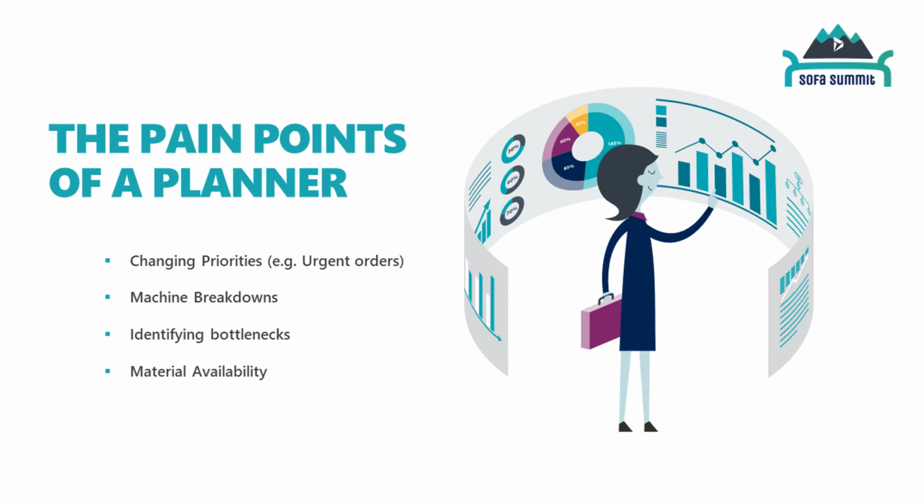Machine breakdowns are fairly similar. They're unplanned stoppages in the plan, and obviously have a knock-on effect from everything after that. Identifying bottlenecks is an important area as well.